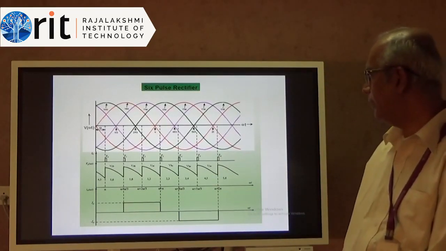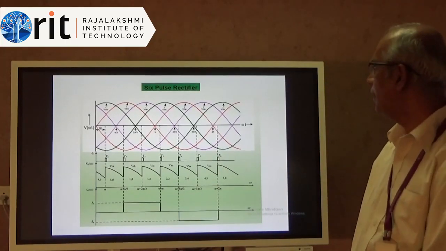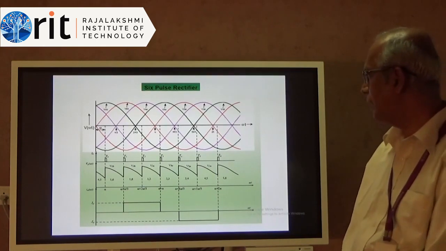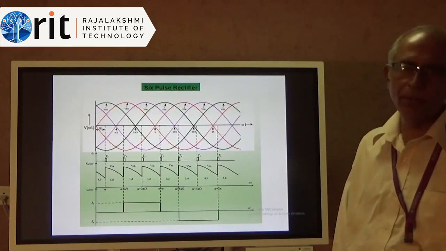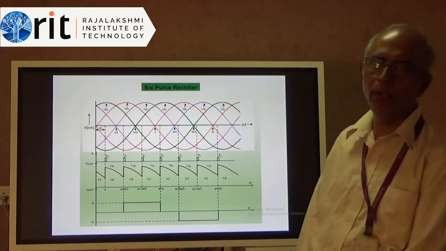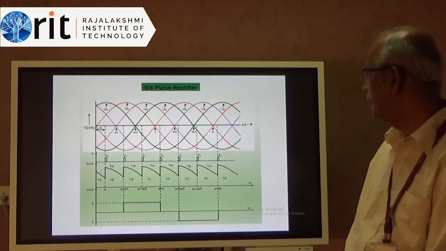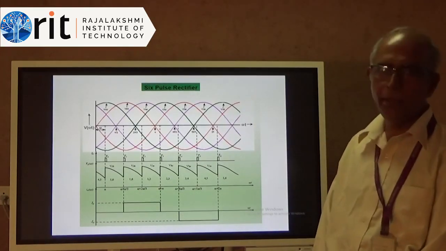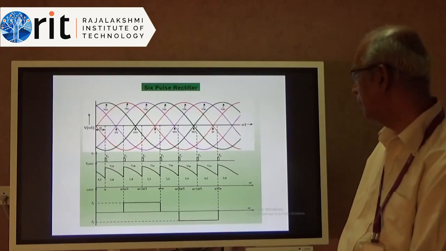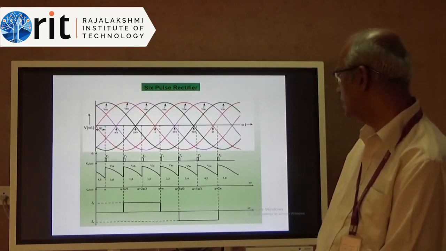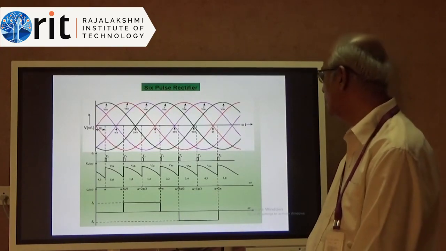So we do generate a DC voltage from this converter, but as you see it is not perfectly flat DC, it also has something known as a ripple. There is an AC component over this DC voltage, and for removing this AC component we use our smoothing reactors, right? So the current which is flowing in the converter is given in the bottom diagram.